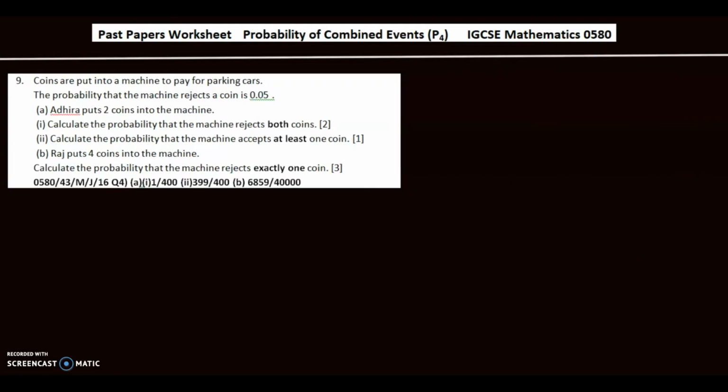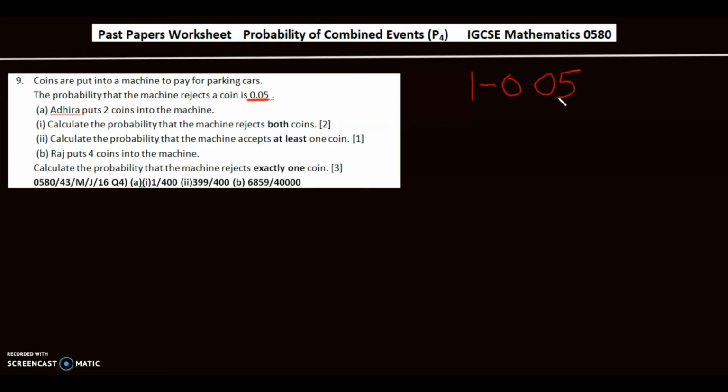Next question. Coins are put into a machine to pay for parking cars. The probability that the machine rejects a coin is 0.05, which means the probability that the machine accepts the coin would be 1 minus 0.05, which gives 0.95.